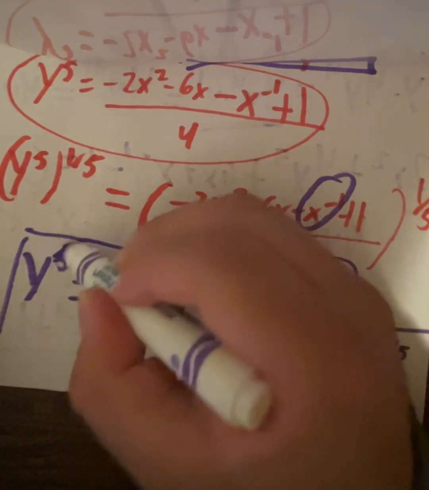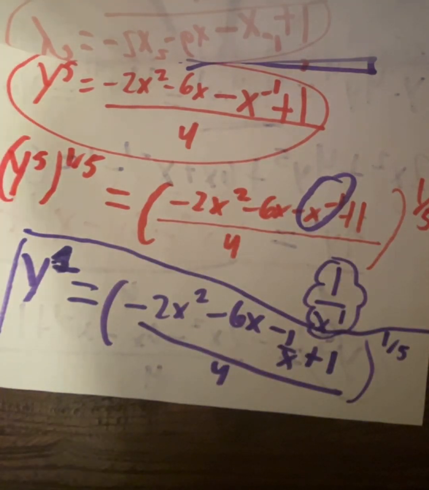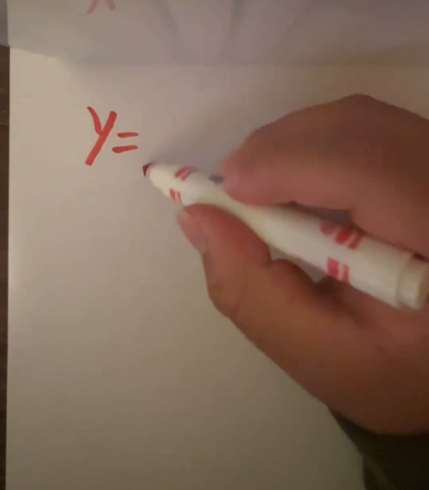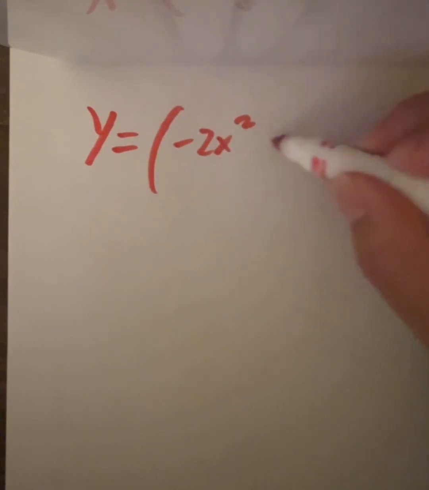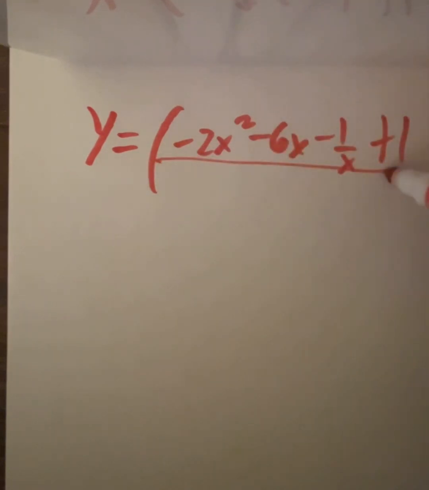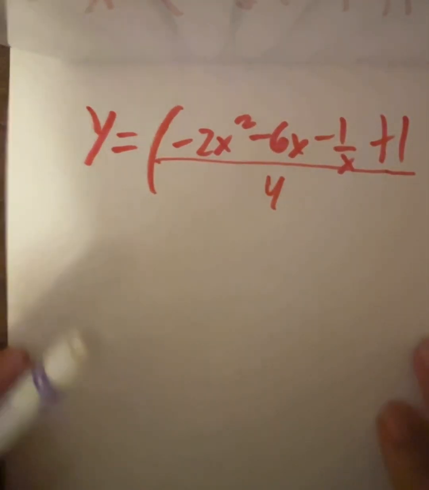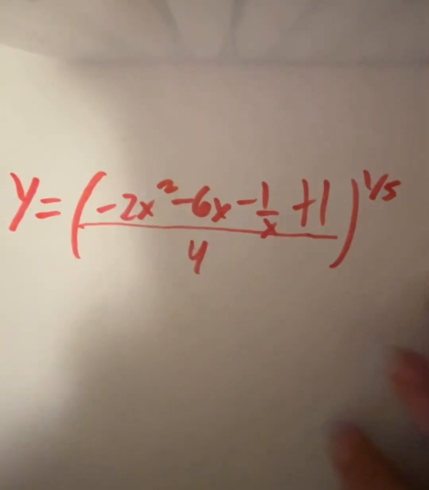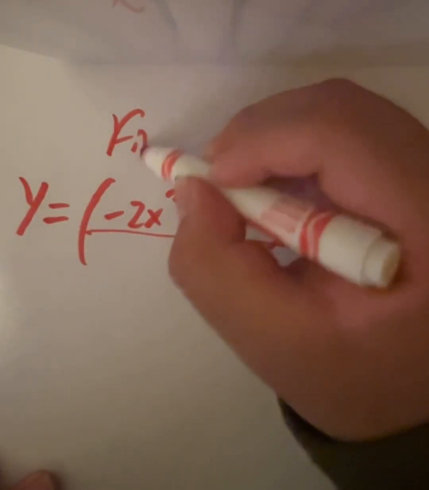Wait, no, that's not right. Let me just rewrite this onto a more beautiful page. And so our final answer, now with the exponents canceled, will be y equals negative 2x squared minus 6x minus 1 over x, plus 1, all divided by 4. That will be our final answer.